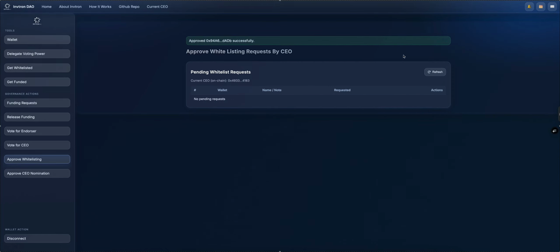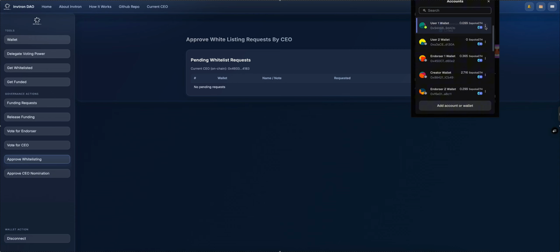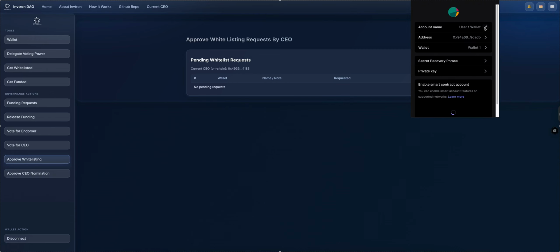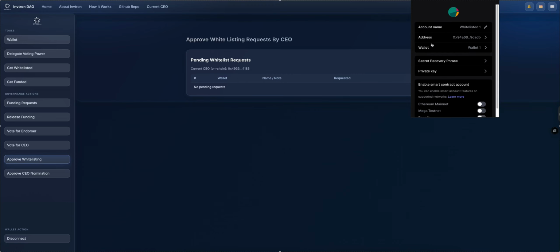And approved. So now we go back to user one, which is whitelisted. Let's rename this to whitelisted user one, just to avoid confusion, so we know.